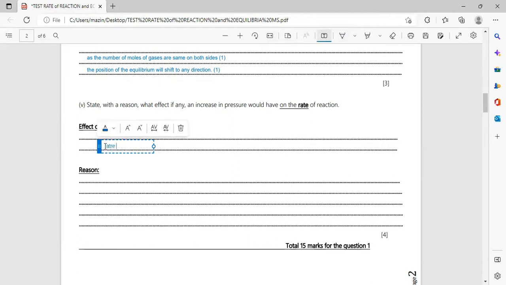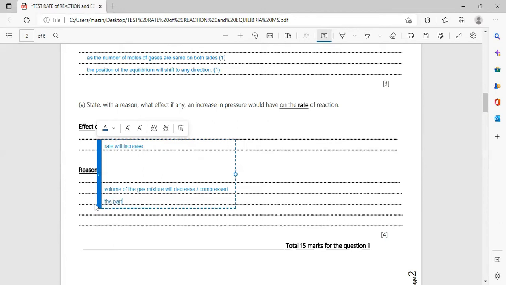The rate will increase. Why is that? Reason: the volume of the gas mixture in the reactor will decrease. It will be compressed.